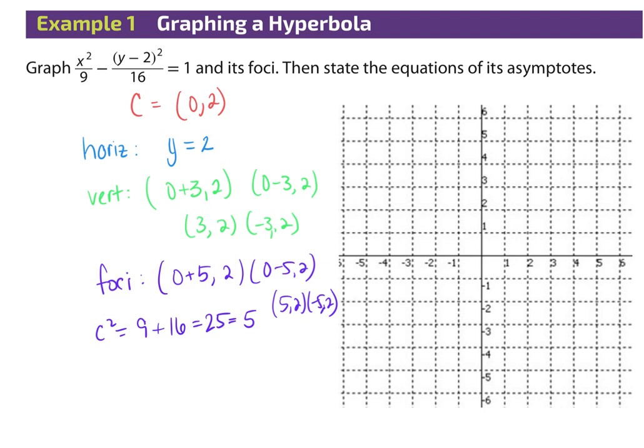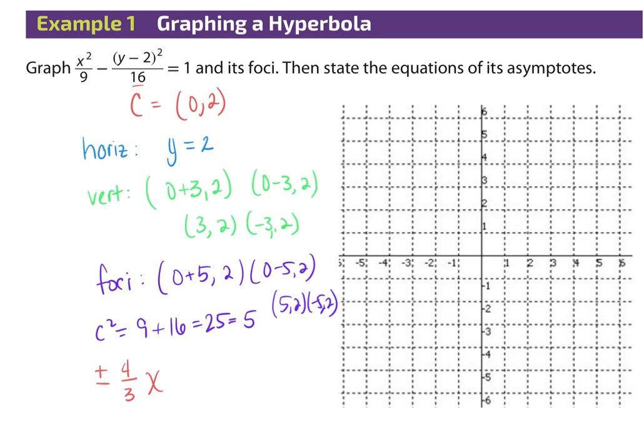And then it wants me to find my asymptotes. And so for that piece, I am going to have plus or minus my value under my y. Remember, this is the square of that value, so that's going to be 4, over the value under my x, that is 3. And then my x minus h, that's just x minus 0.